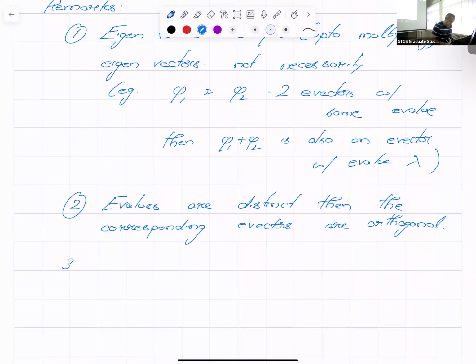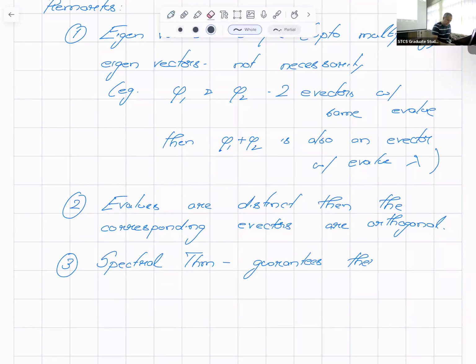In fact, the spectral theorem will guarantee this. All of these remarks I'm making without proof; these are just guarantees for self-adjoint matrices.